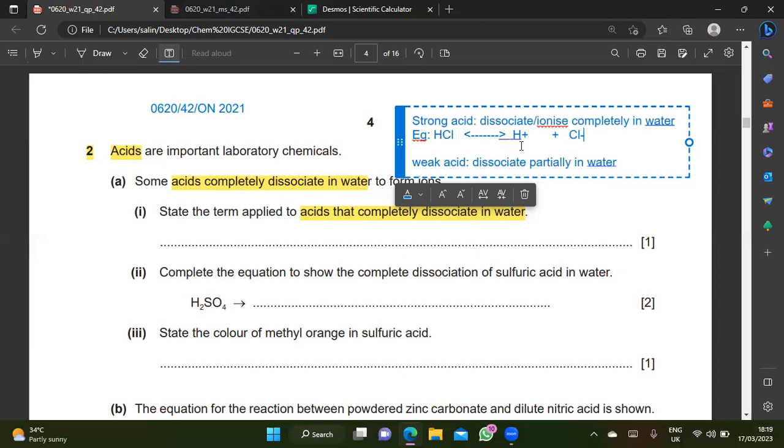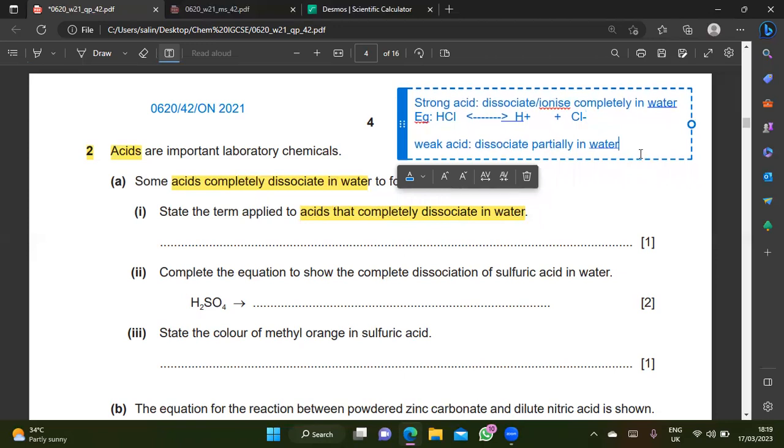Do you see what happened here? Your hydrochloric acid is made up of hydrogen ion and chloride ion. So when you separate it, it completely separates. This is one of the ways of saying dissociate completely. This is one of the examples.